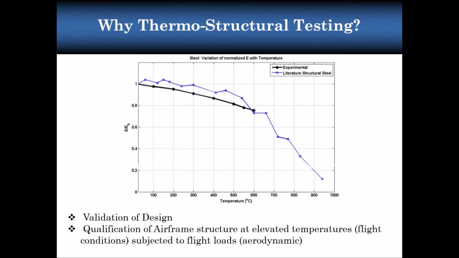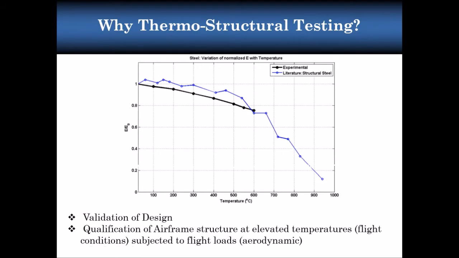Now see why thermostructural testing is needed. As the temperature increases, all metals show a reduction in strength. You can see here for structural steel, from room temperature to 1000 degrees, the reduction in strength is almost 10% at higher temperatures.